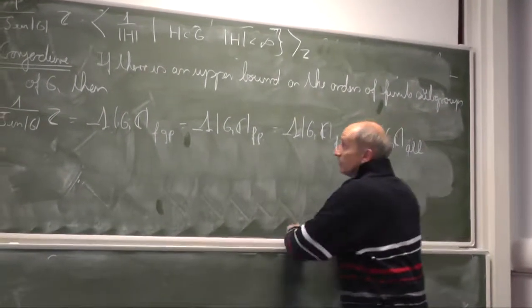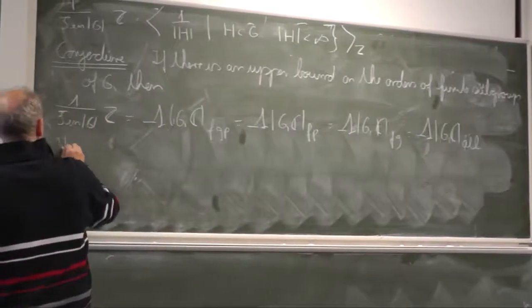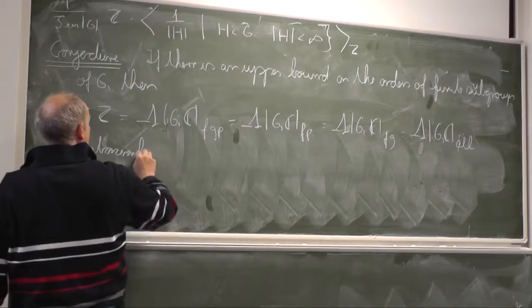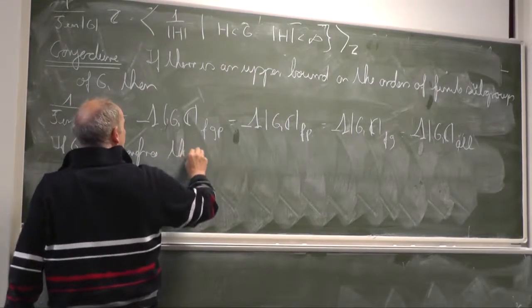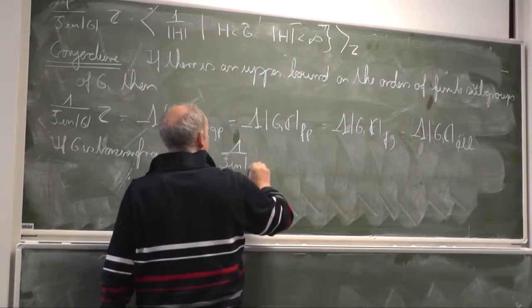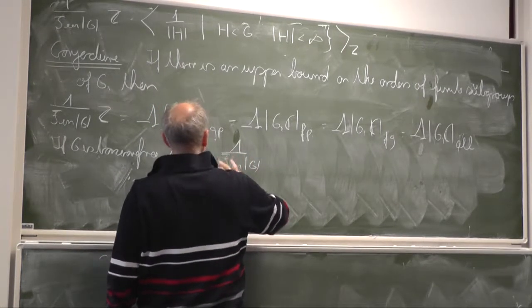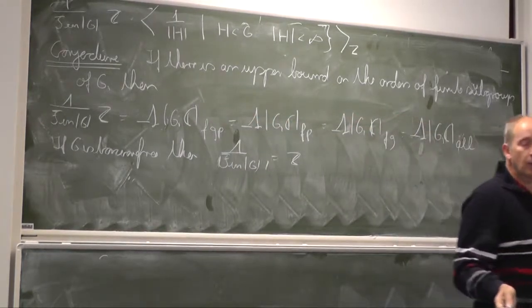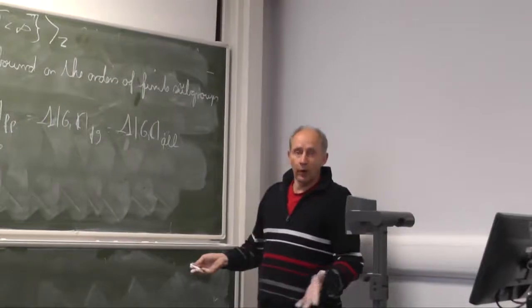Let me spell out what it means if G is torsion-free. Then this here is just the integers. Because I have only the trivial group, it's the abelian group generated by 1, it's the integers.